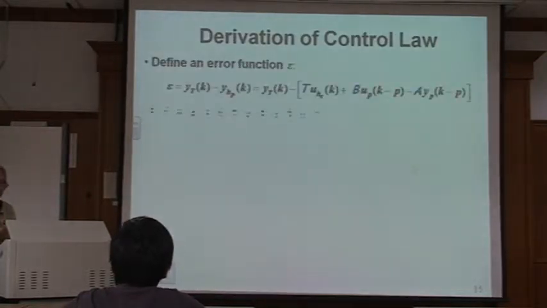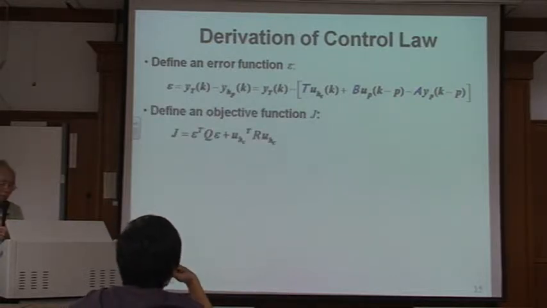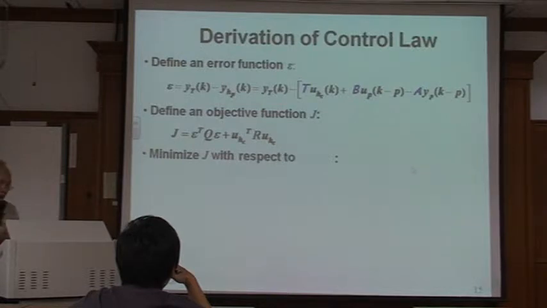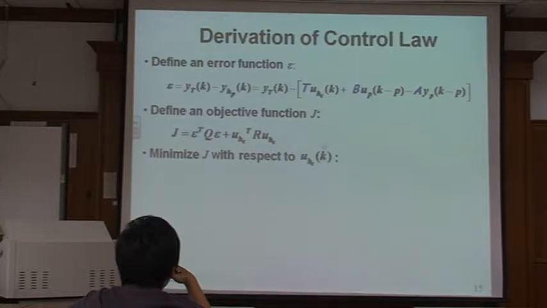From that, we have almost exactly the same as the optimal control law. We also define a Q and define an R. Q, the same as the optimal control, the weighting matrix Q is positive semi-definite, and R must be a positive definite matrix.